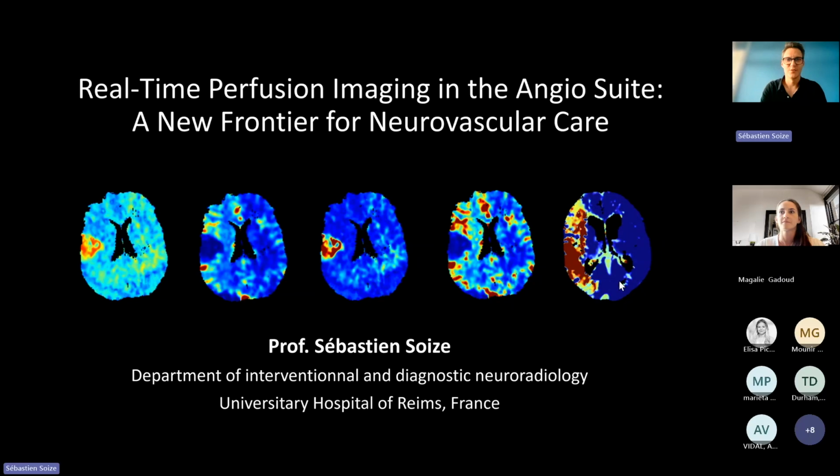Thanks, Magali. So let's go. My presentation will be around 45 minutes. We're going to see first a small background, and then how we can perform perfusion imaging in the Angio suite, how it works, what the actual limitations are, and try to work on these limitations to still get some good results, and what the advantages are of the CBCT solution.